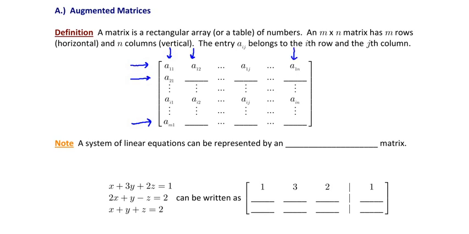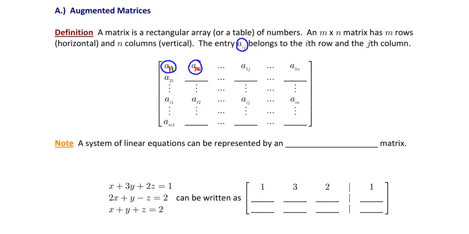So each individual entry that belongs to a specific row and column is expressed as A sub ij. So for example, A sub 1,1 is the entry in row 1, column 1. Or if I look at the entry A sub 1,2, the subscript means that it belongs to the first row and the second column.